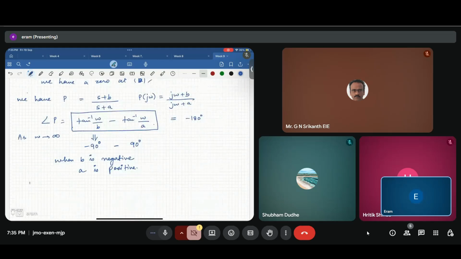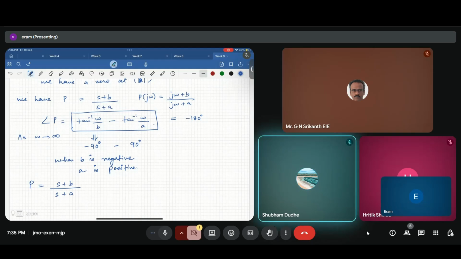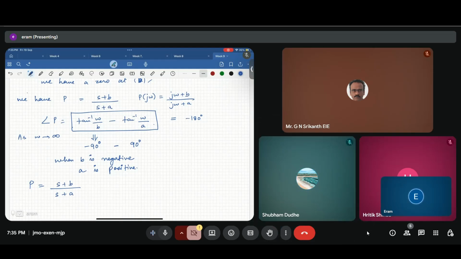We have generalized the transfer function as s plus b divided by s plus a. So b is negative means the zero is in the LHP or RHP? See carefully.